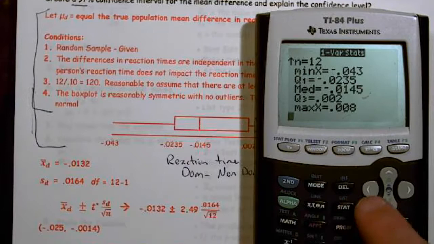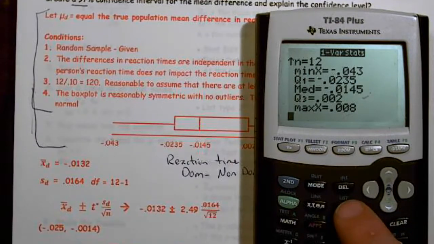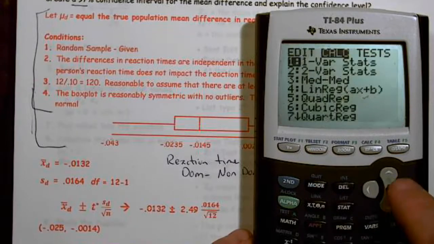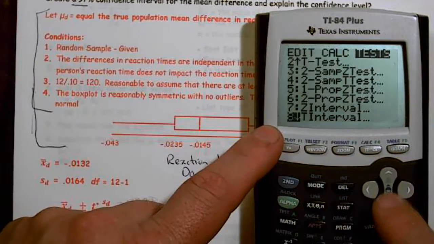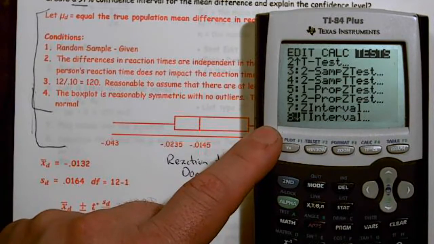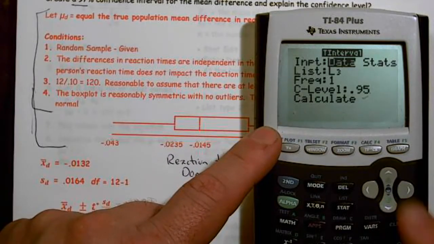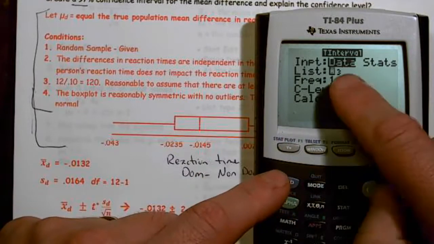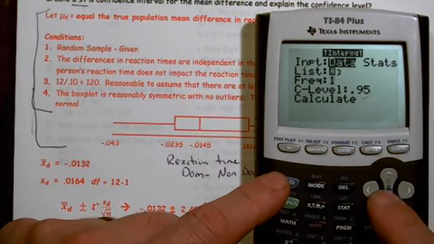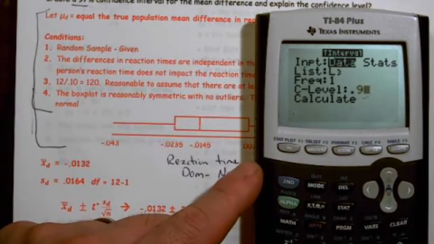The other way I like to get it is to just run the test now. So stat test, and we're looking to do a 97% confidence interval. We drop down to number 8, which is the t interval. We are using data. Our differences are in L3, and we want a confidence level of 0.97.